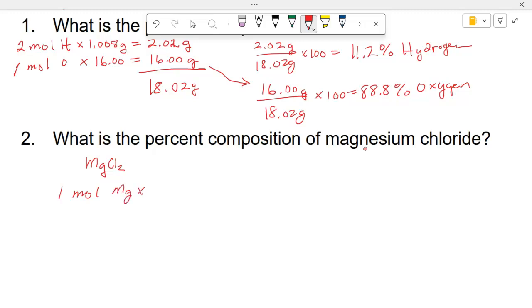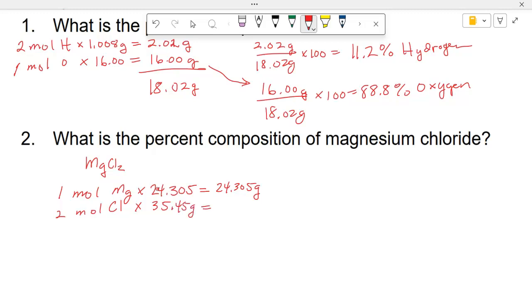We times that by the molar mass of magnesium, which is 24.305. And that, of course, equals 24.305 grams. And then we have 2 moles of chlorine, and those are 35.45 grams each.